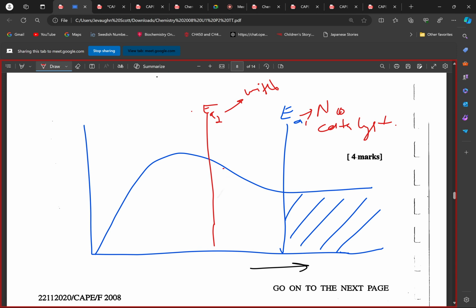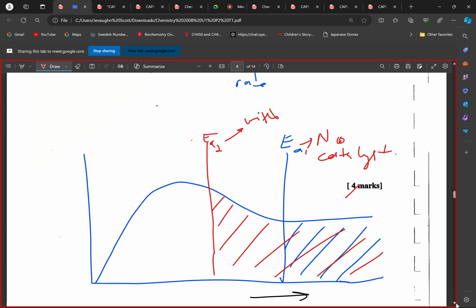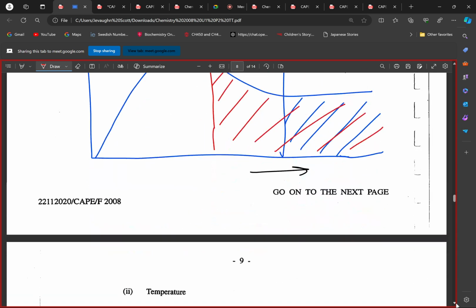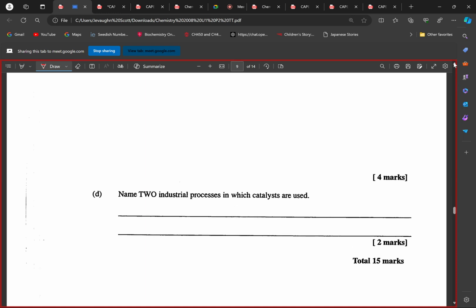But with a catalyst, it's going to allow even more molecules to have suitable energy for a reaction to occur. Everybody remembers the Boltzmann distribution curve, right? Hopefully that is something that you guys do remember. So that's what happens with the catalyst, allowing for more molecules to reach suitable activation energy.